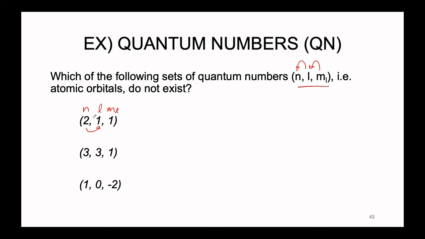Well, according to the rule for how we define L, L has to be less than our n, and it looks like this is fine, right? n equal to 2 is greater than L equal to 1, so we're fine here. Now the M sub L, our boundary condition, our definition, states that it has to run from negative L to positive L. Well, it looks like if L is equal to 1, the positive L is positive 1. Everything here seems to check out.